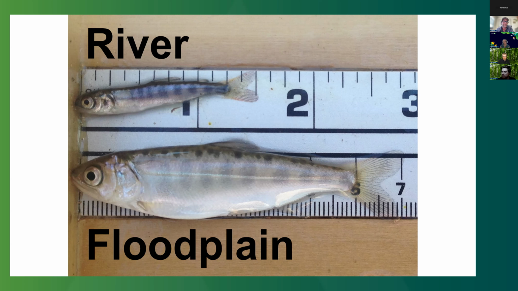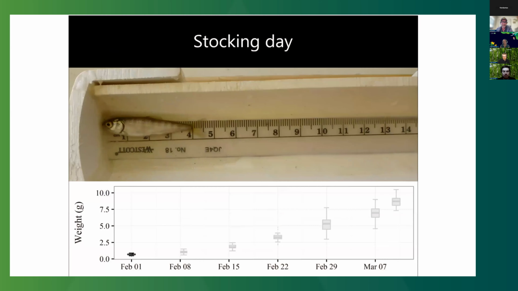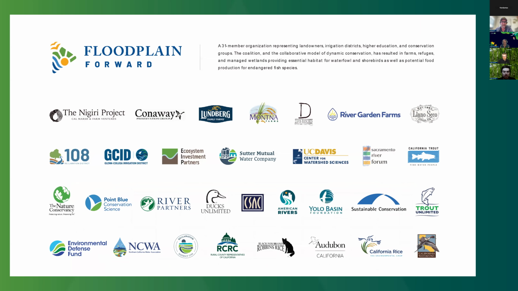So flooding then becomes the mechanism by which the river can actually rebuild fisheries abundance. And if you want to, not take my word for it, you can actually ask the fish.